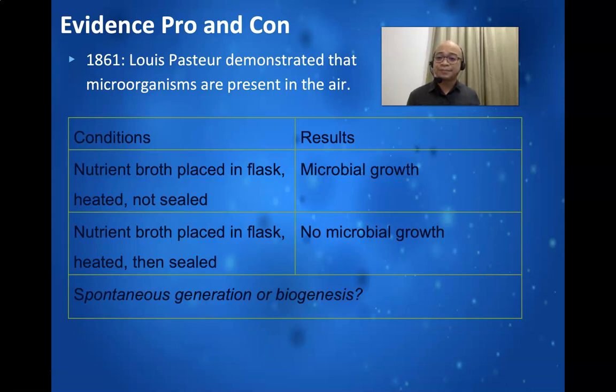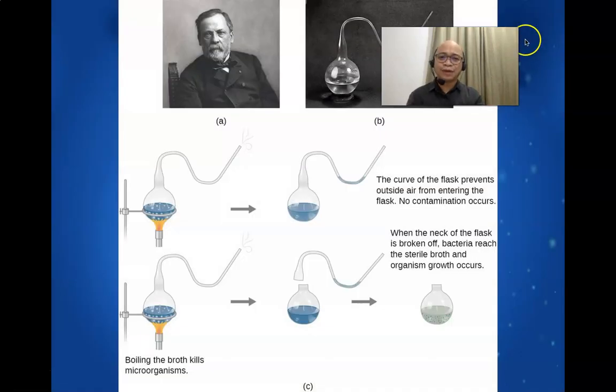Microbial growth occurs. In the second set, the nutrient broth was placed in the flask, heated, and then sealed. No microbial growth. But this time, they didn't oppose Louis Pasteur. Perhaps John Needham was already dead by this time, but there was very good empirical evidence why they didn't stop Louis Pasteur.